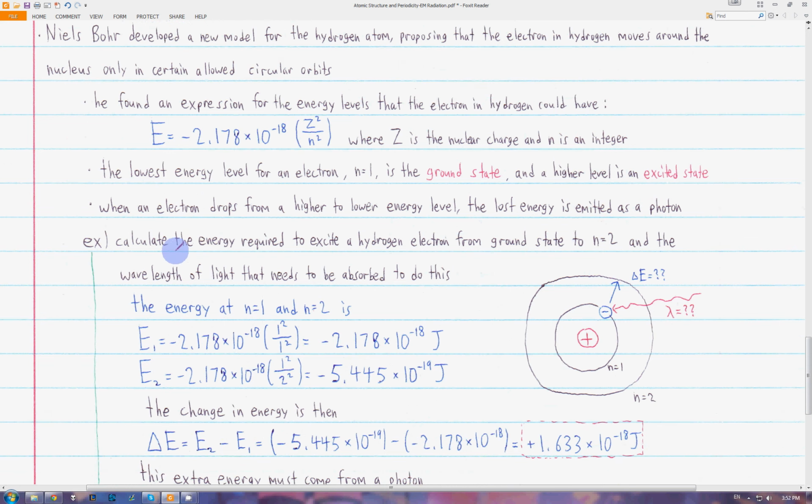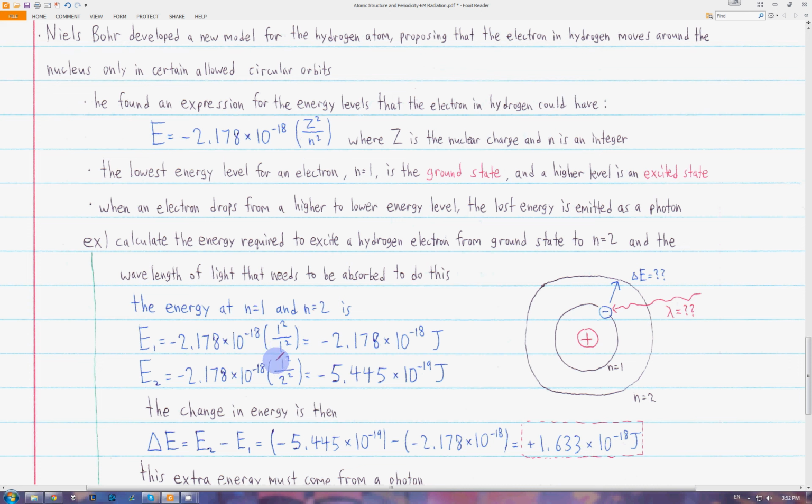So if we want to calculate the energy required to excite a hydrogen electron from the ground state where n equals 1 to an excited state where n equals 2, then we can just use this equation to find the energy at each level.